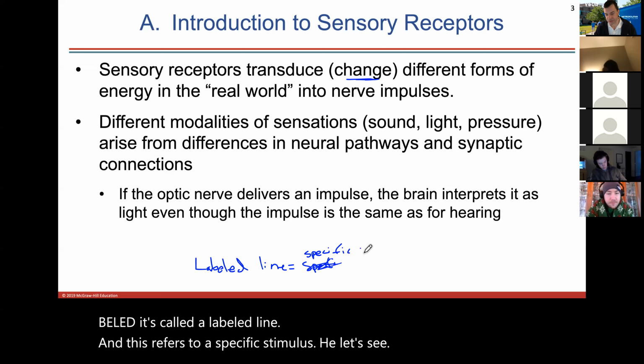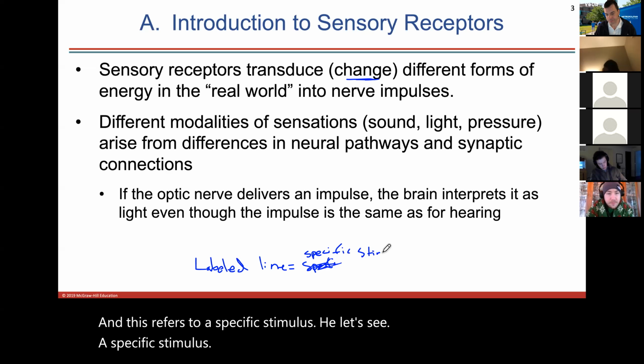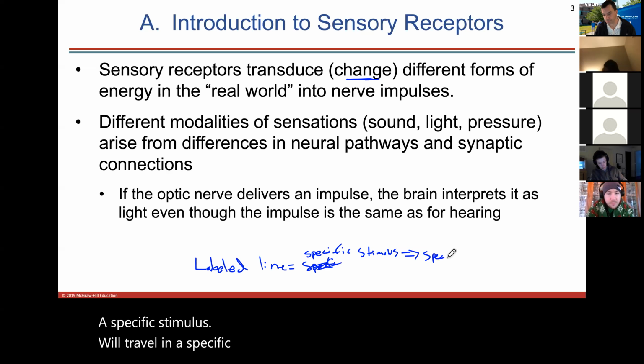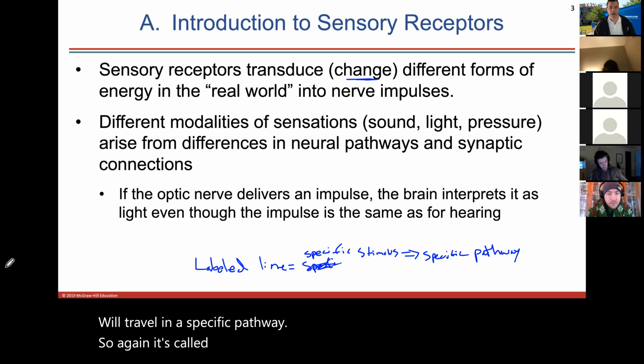A specific stimulus will travel in a specific pathway. Again, it's called the labeled line theory.